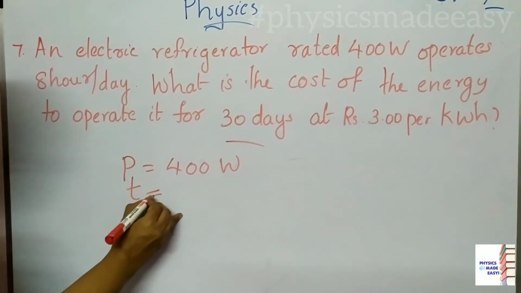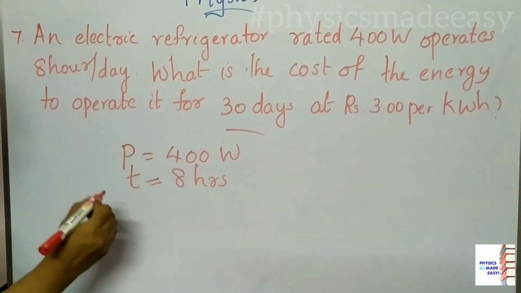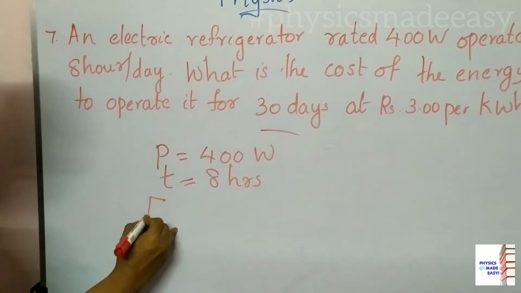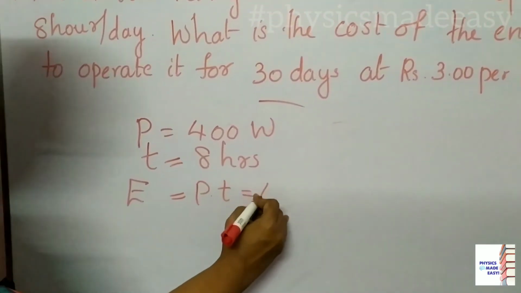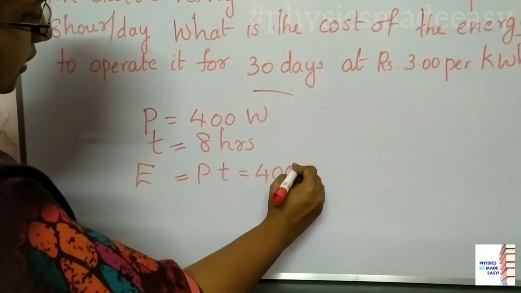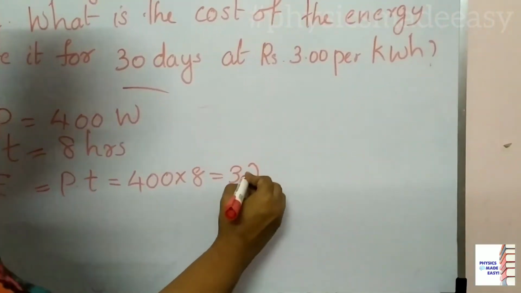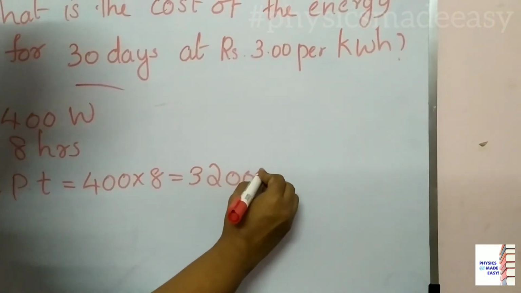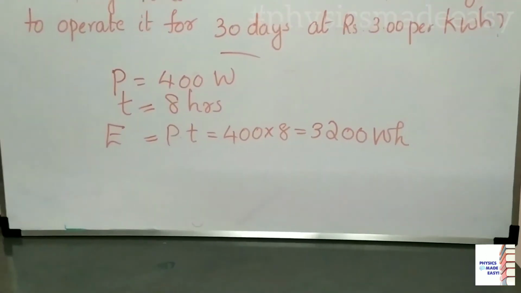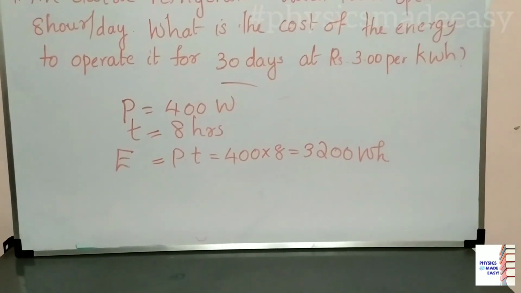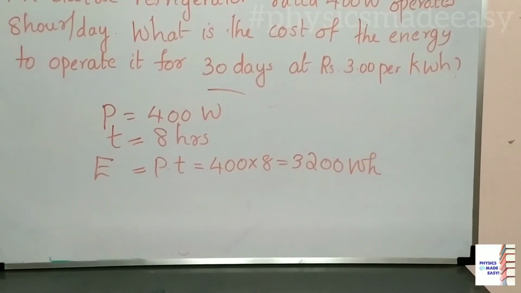Then time we can take as 8 hours. So you know, the electric energy consumed is power into time. We can write 400 into 8, that is 3200 watt hour.